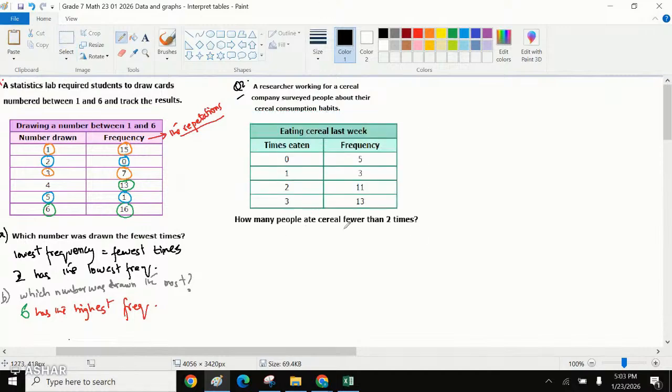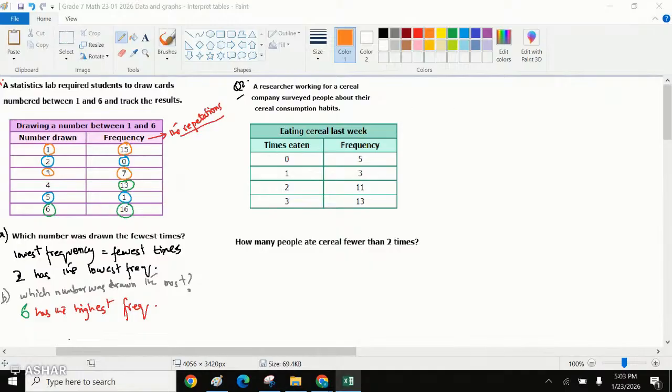If this is given to us, how many people ate fewer than 2 times? Let's see. 0 times eaten was done by 5 people, right? That means 5 people did not eat. Agreed? And one time was eaten by 3 people, right?